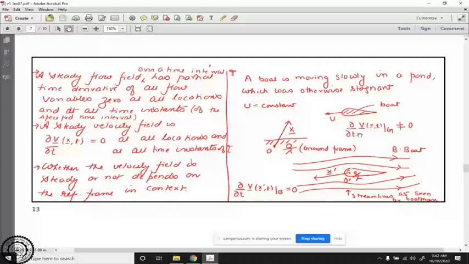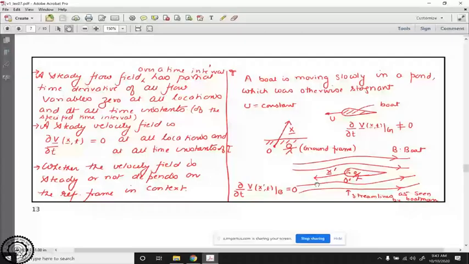All right. But now let's change the observer. You being the observer, now go and sit on the boat. Now you will be interested in v with respect to the boat, and your independent variables will be time, of course, and x prime. For this observer, this derivative will be 0.